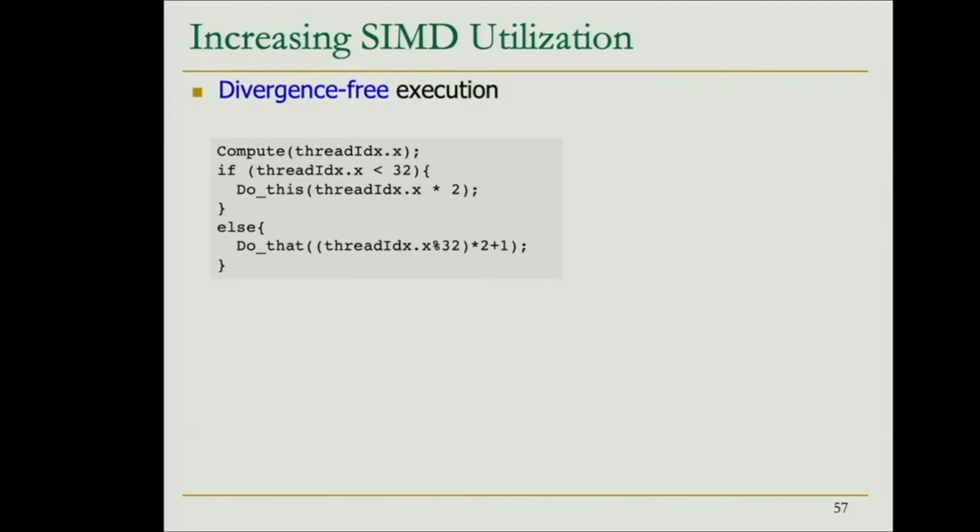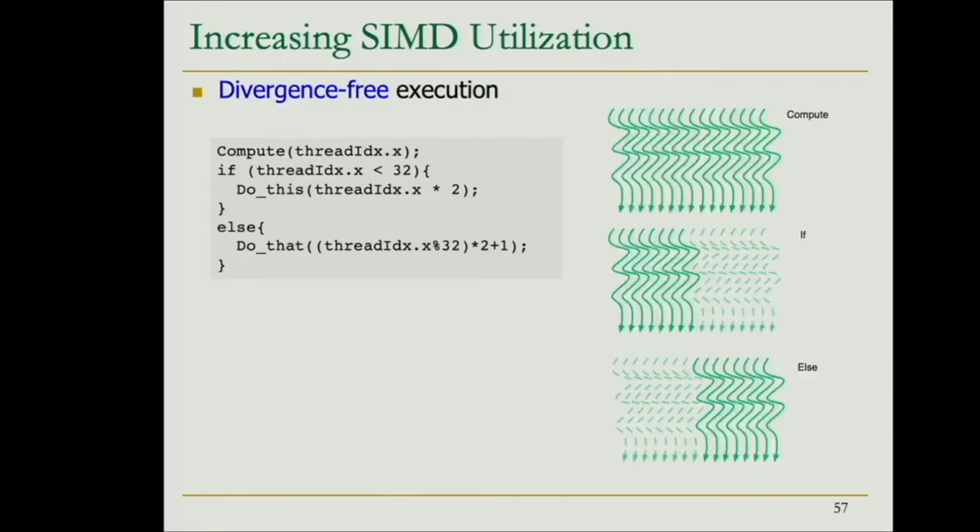What I'm going to do is divide the computation assigned to the 64 threads so that what was done by the even threads now is going to be done by the threads in the first warp, and what was done by the odd threads now is going to be done by the threads in the next warp.